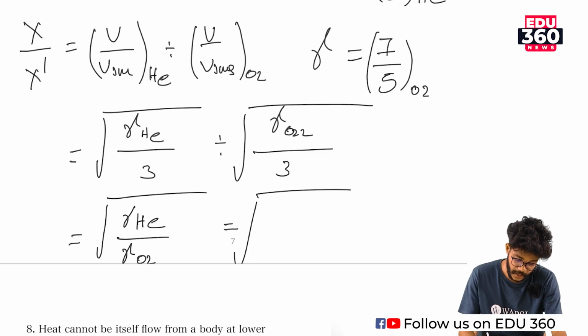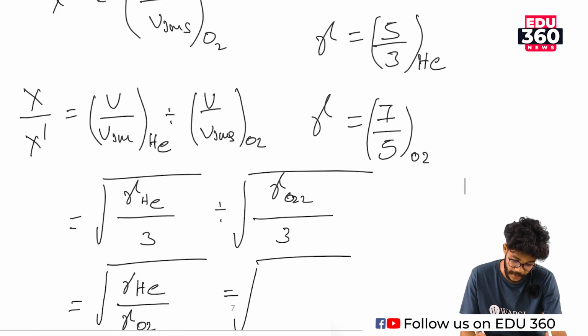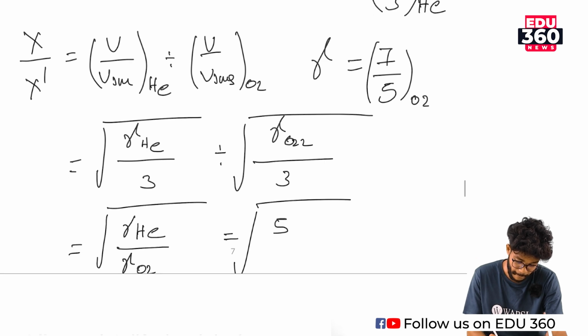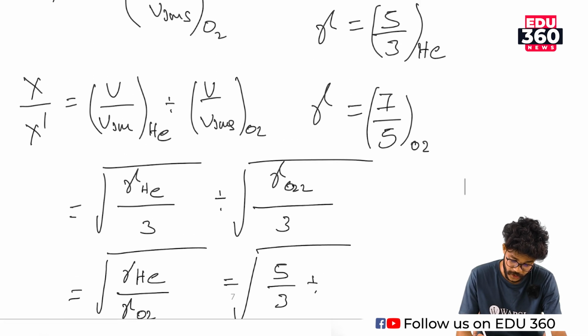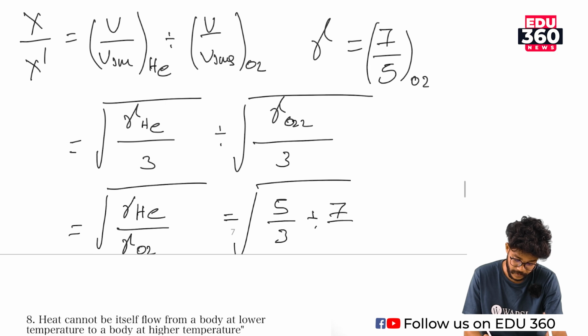Gamma helium is 5 by 3 divided by gamma O2, which is 7 by 5, which is equal to root of 25 by 21.